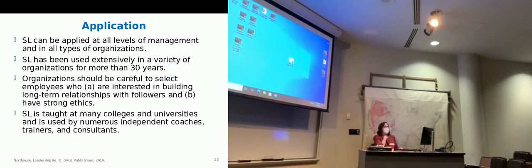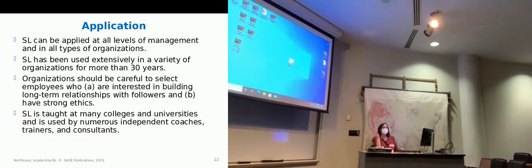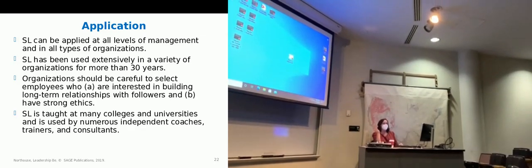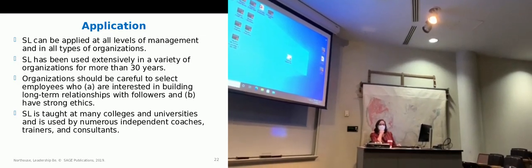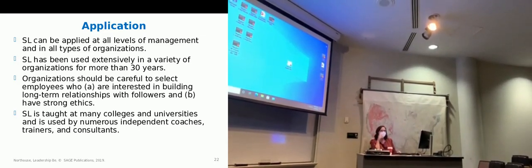Authentic leadership would say the way that we influence others is by being genuine, being ourselves. Servant leadership would say the way we influence others is by serving them. See those 3 differences? All right, so those are our main 3 influential theories that we're going to focus on.